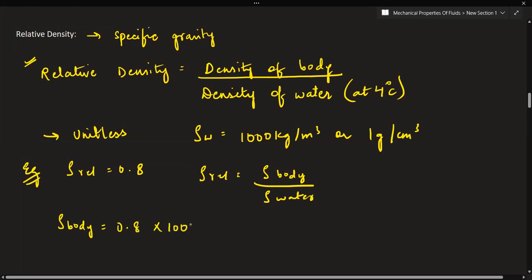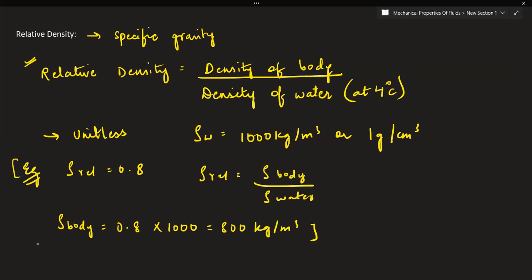That is 1000. So the density of that particular body will be 800 kg per meter cube in this example. Okay, ma'am. Just note these few points, then we'll do a question related to this topic only. Okay, ma'am.